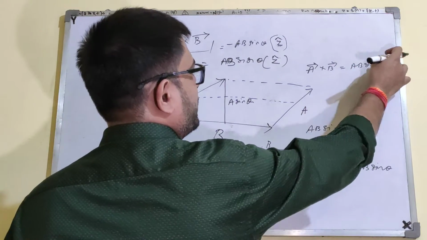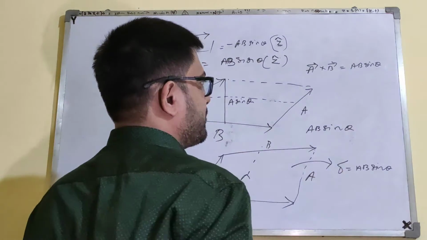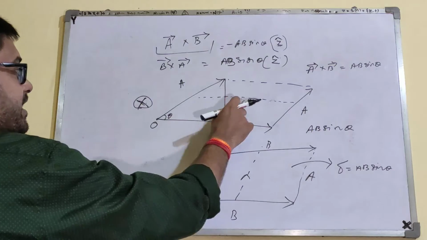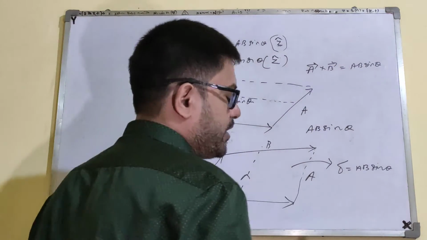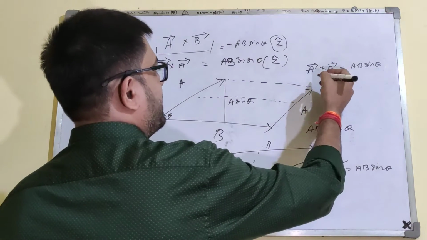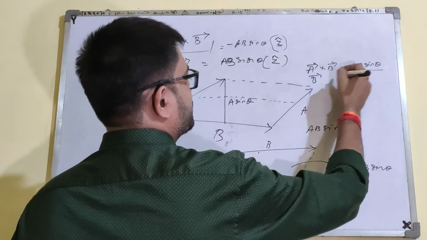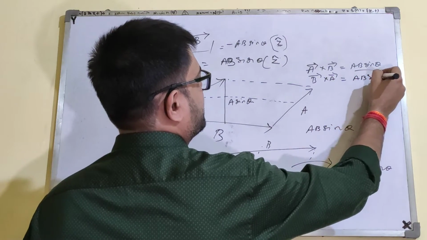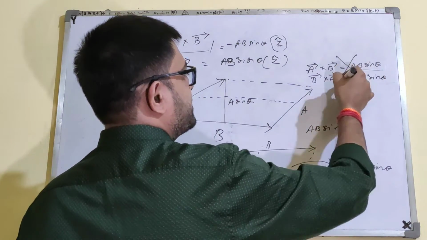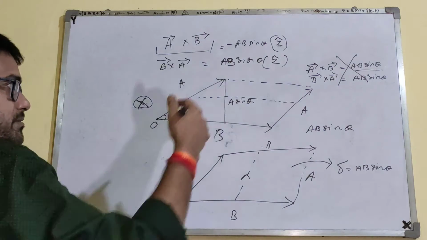Why do we have to take a unit vector? Why do we have to give a direction to this area, making the area an area vector? What is the necessity behind it? Why not define it so that B cross A is the same as A cross B? Why is it wrong to say that?